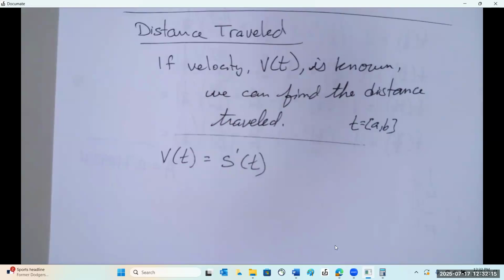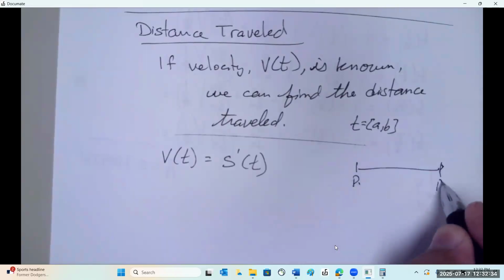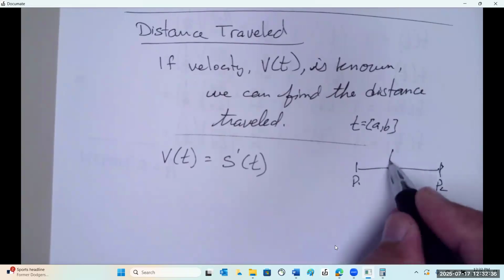First derivative of your position function. You figure that kind of secondary nature, you should know that. Why do you need to know the position function? Because the position tells you I started at point 1, I moved to point 2. There's a distance there.